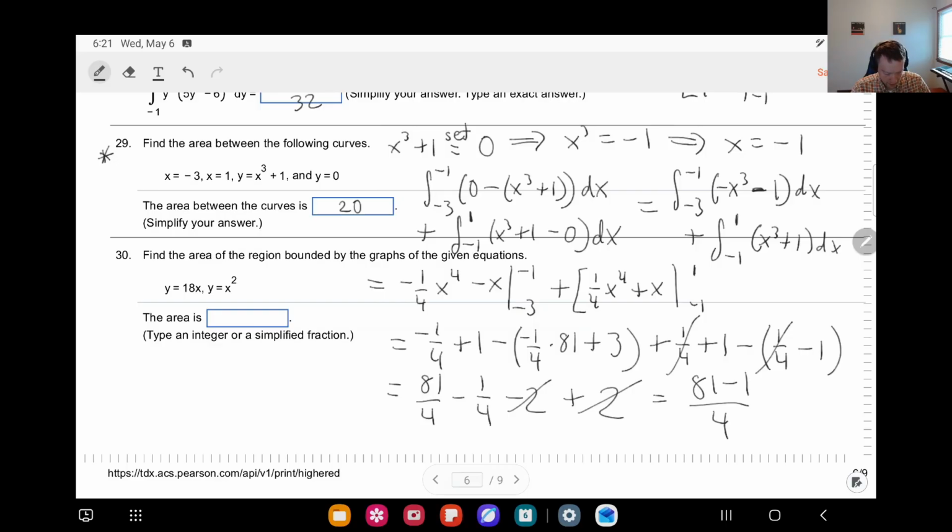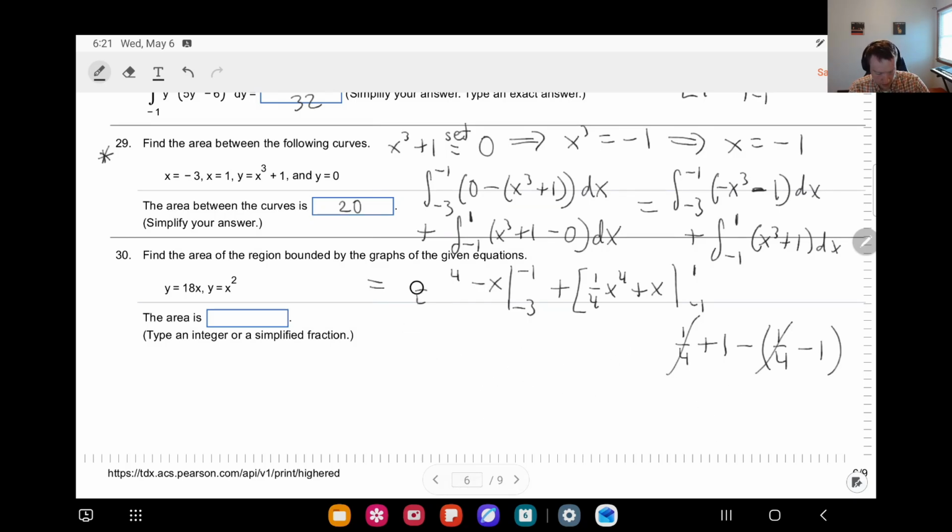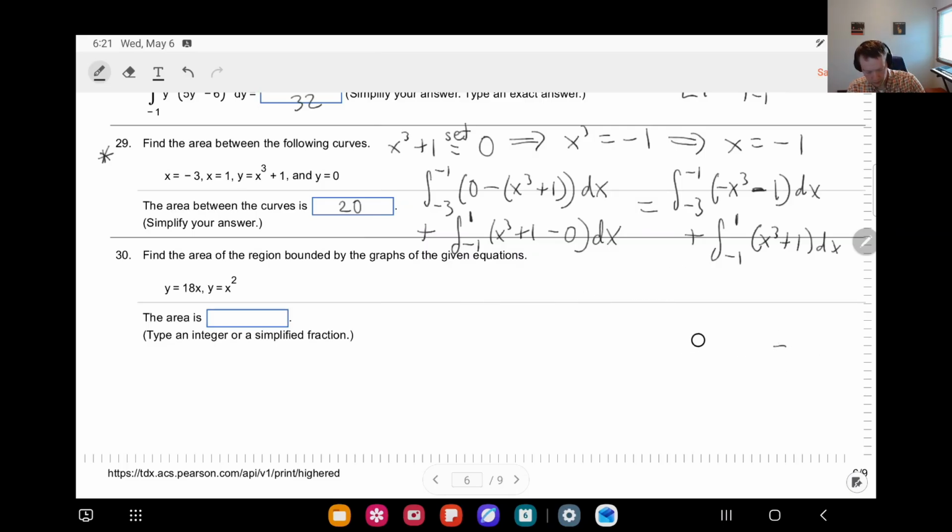Number 30. This time we're not given as much stuff, and pardon my erasing here. So we're not quite given as much info, in particular the x bounds, but we'll notice that we're going to have a parabola and a line 18x that has a y-intercept of 0, and it's pretty steep positive slope.